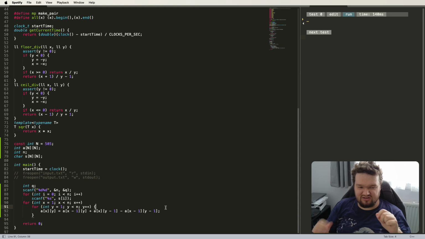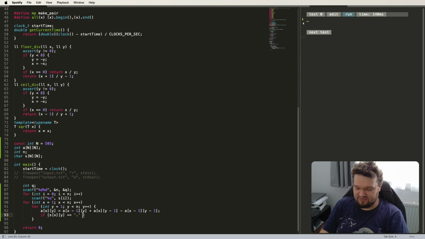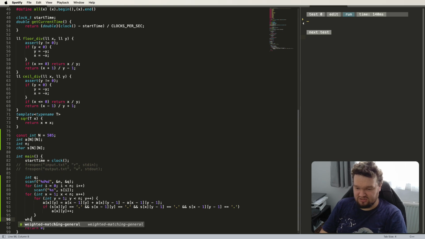But we also didn't count the cell that is downmost rightmost. So if it is good, I need to add 1 here. So if this is white and this is white, and those two are also white, then I need to increase it by 1. Okay, now I have my prefix sums.